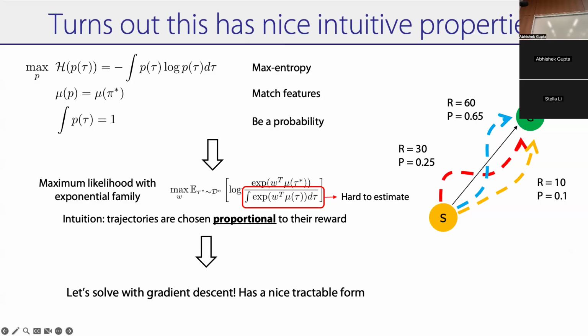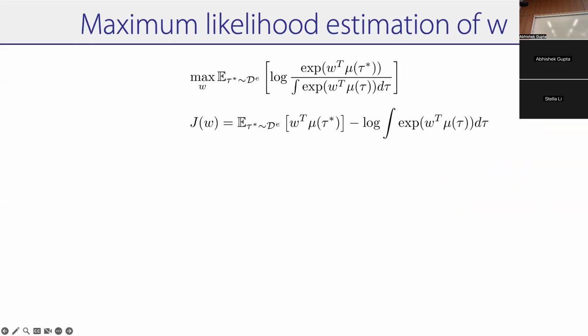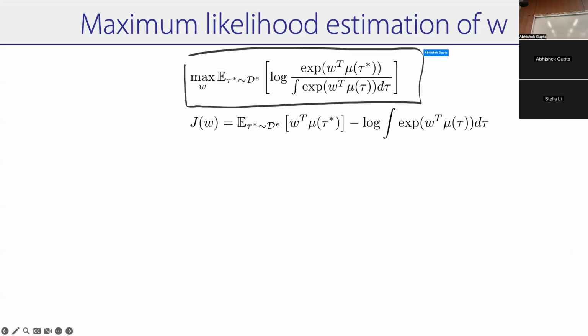But what we're going to do is show that the gradient of this objective is nice and easy to estimate, or easier to estimate. We're going to do some more algebra, but it's going to be a little better than last time. So this is our objective for maxent IRL. We want to do maximum likelihood.